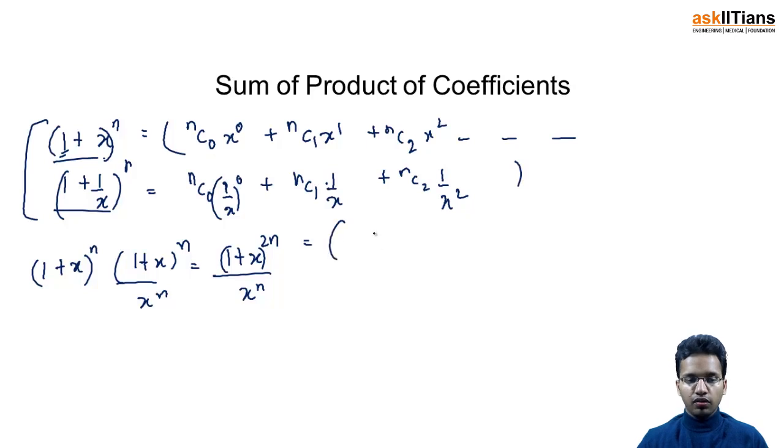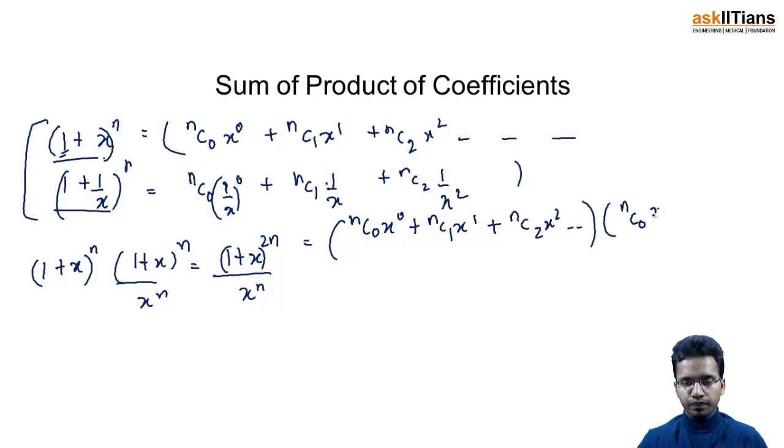On the right hand side you will see nC0 x0 plus nC1 x1 plus nC2 x2. It will go like this, and the second one will be nC0 (1 by x) raised to power 0, then nC1 upon x, then nC2 upon x square. It will go like this.